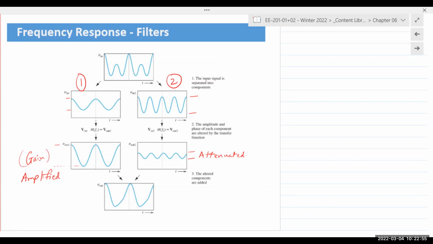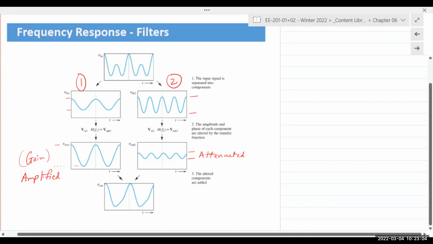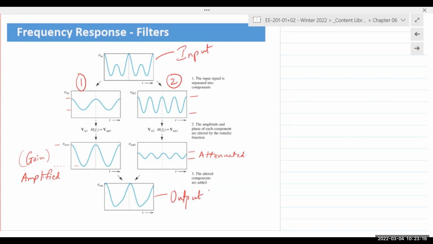Okay, so a filter is amplifying one component while attenuating or blocking the other component. And then at the output, we combine that signal again. And we can compare how the output looks to the input. The big component actually is now reduced and it's gone.